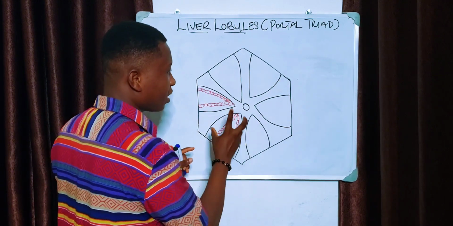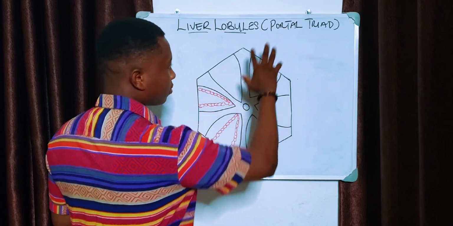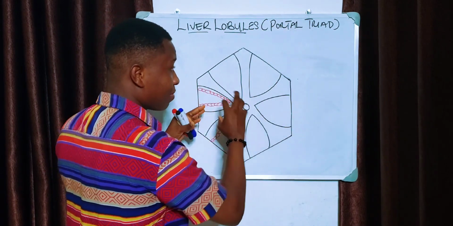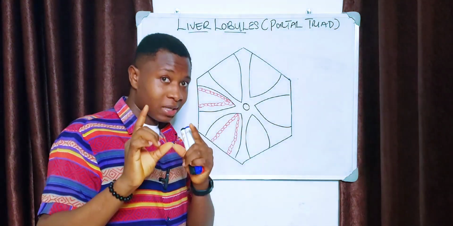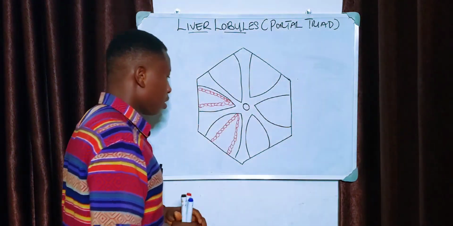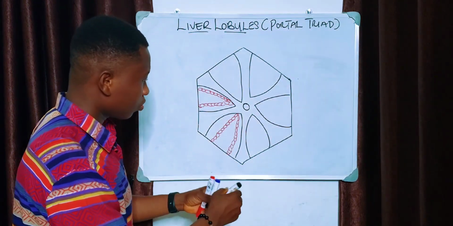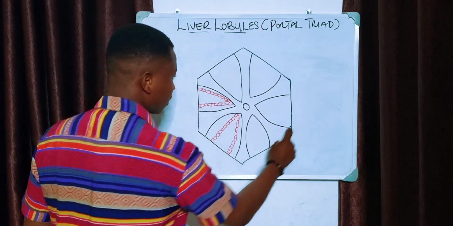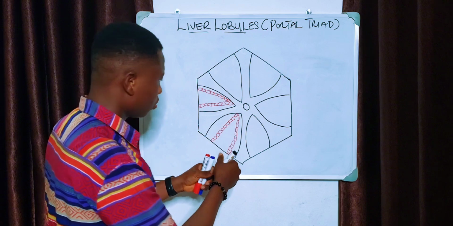So this is just me picking out one lobule. There are about 50,000 of them in the entire liver. This is just me magnifying in one lobule. All right. Now, since we know that these vessels end at the corners of the lobules, so we're going to put that down.